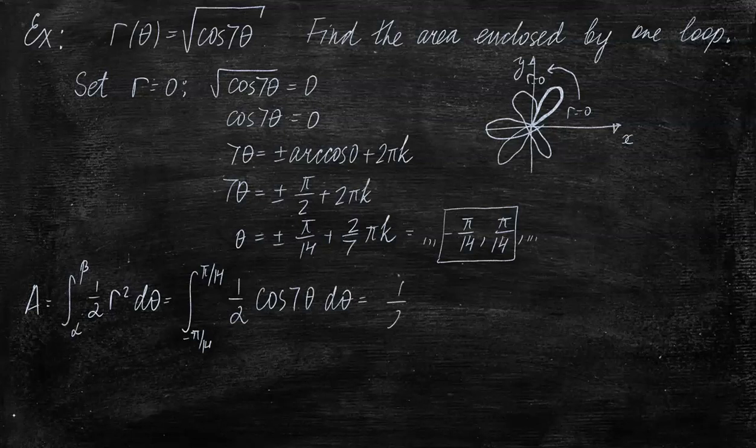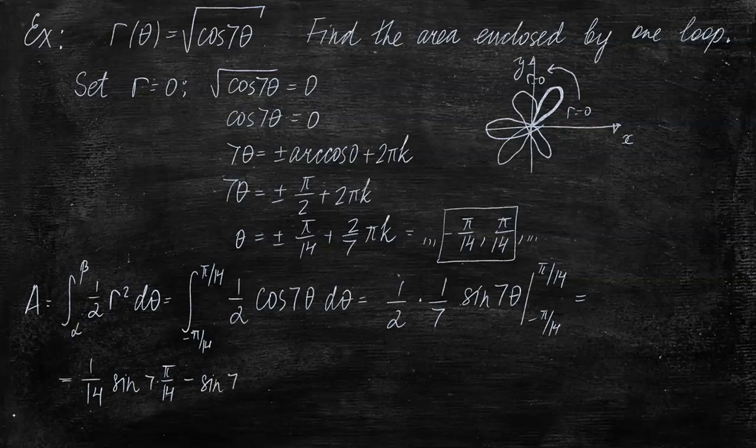So we have 1/2, it's going to be 1/7 sine of 7 theta from negative pi over 14 to pi over 14. I'm going to combine the 1/2 and 1/7, and we have sine of 7 theta, but theta is pi over 14, so we have 7 times pi over 14 minus sine of 7 times negative pi over 14.